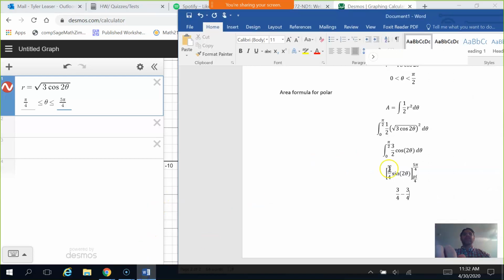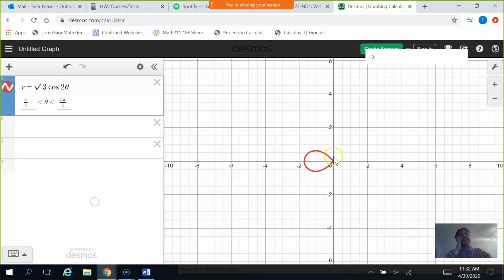Okay, but when I tried that, which is what I just did, I still get 0, right? And I think we're getting 0 again because the areas top and bottom are canceling each other out. I guess what we could do is just do pi over 4 to 3 pi over 4.